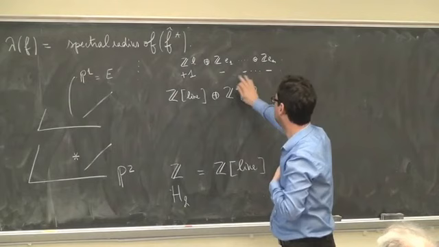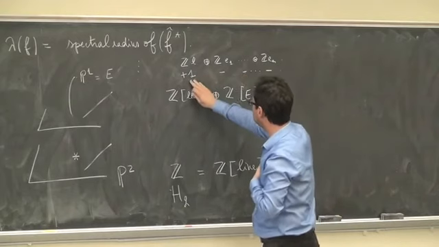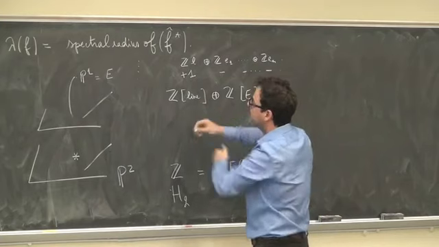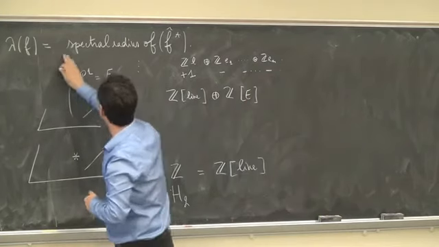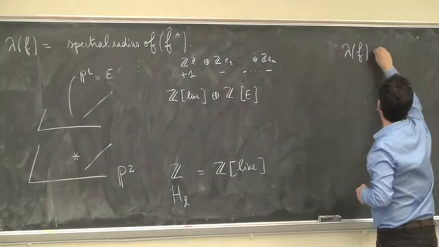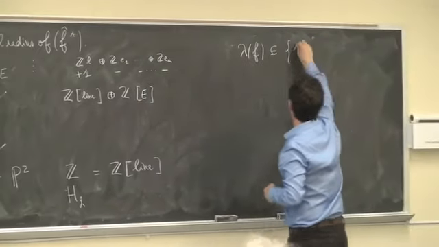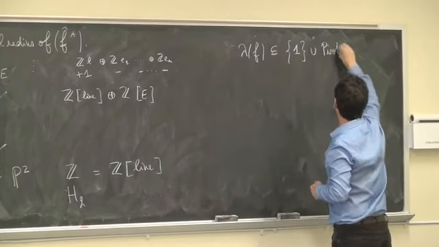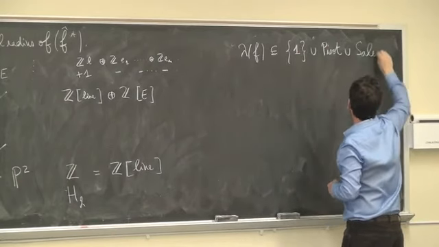So using this fact that the signature is plus, minus, minus, minus, and the action on homology, you can prove something more. You can prove that lambda is, so it can be equal to 1, of course, or it can be a Pisot number, or it can be a Salem number.